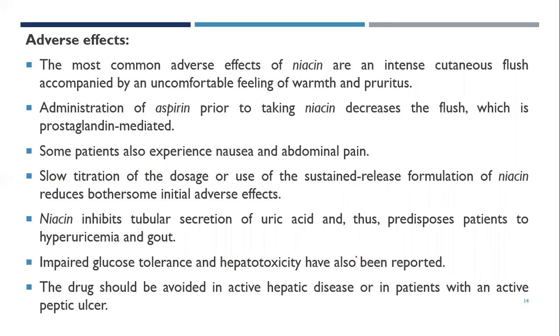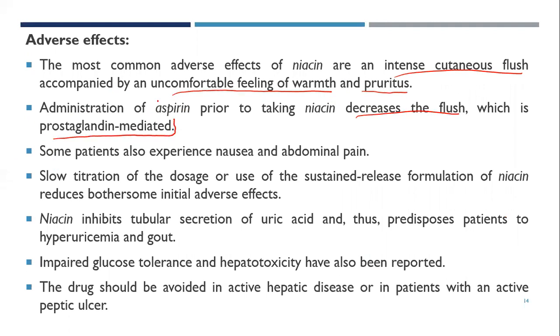Okay, so adverse effects of niacin: they are intense cutaneous flush. Flush means reddening, which is accompanied by an uncomfortable feeling of warmth and pruritus. Administration of aspirin prior to taking niacin decreases the flush, which is prostaglandin mediated.